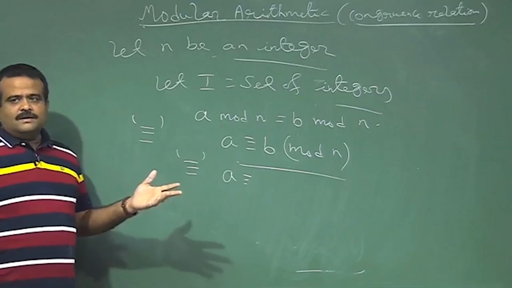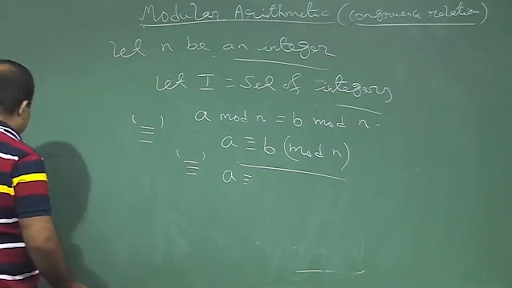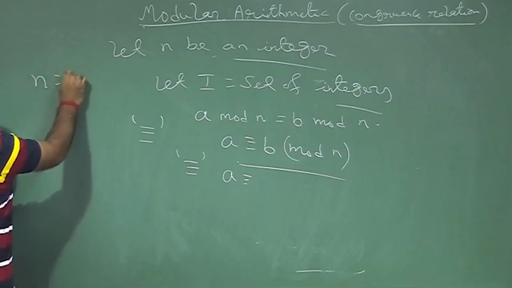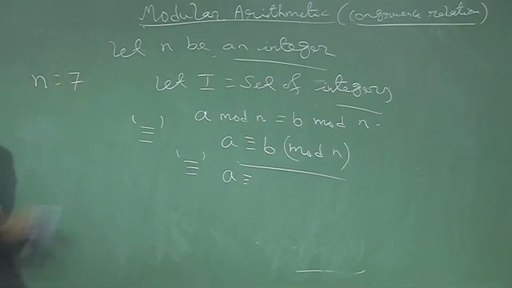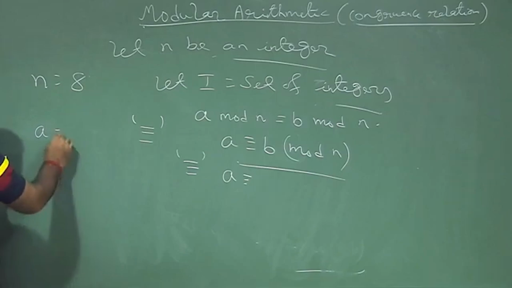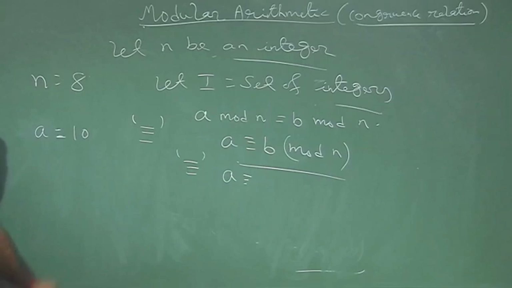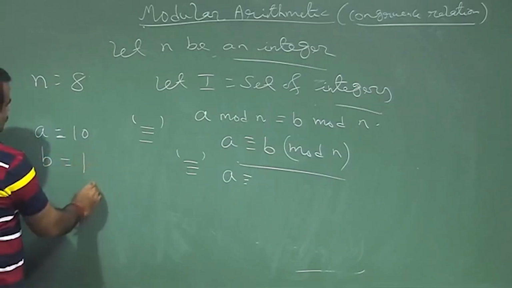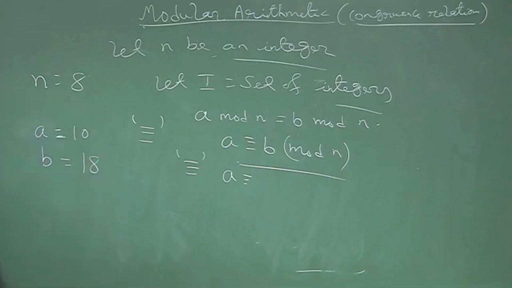So for example, say n is equal to 8, a is equal to 10, and b is equal to 18.